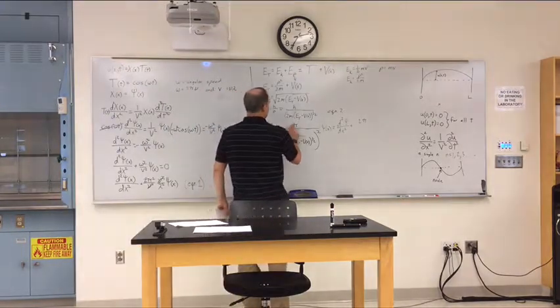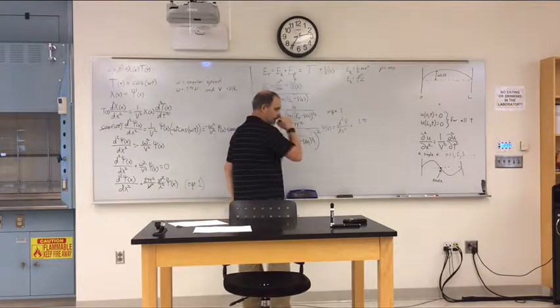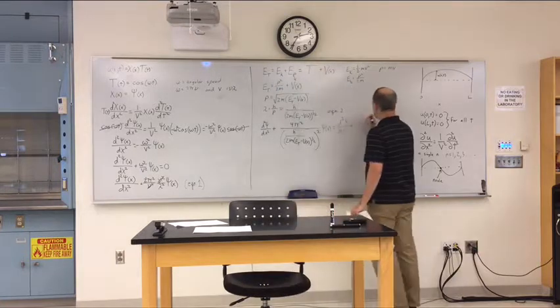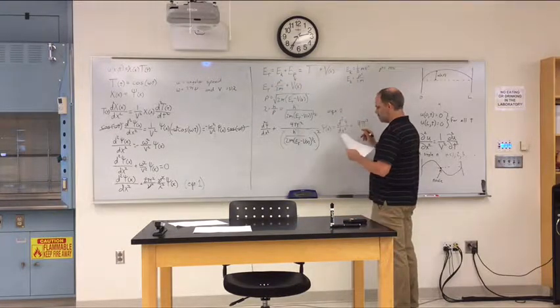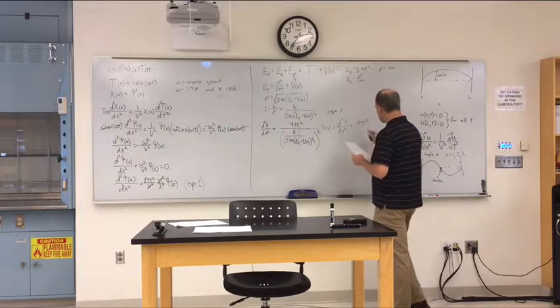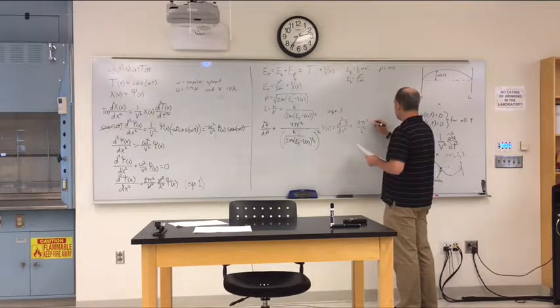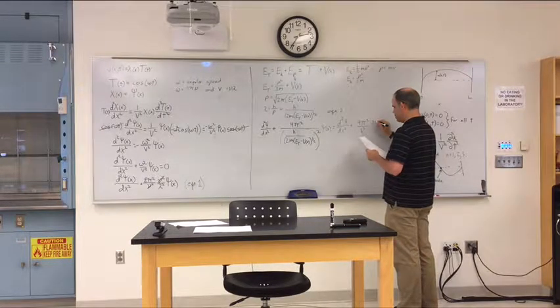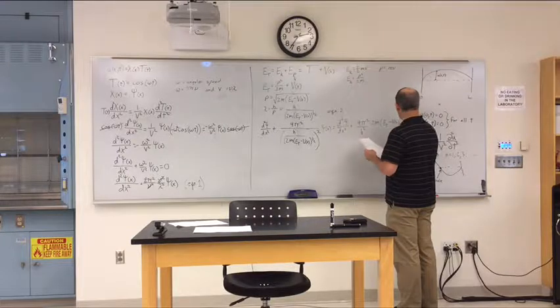So this here would be 4 pi squared. There we go. That looks better. Over h squared times 2m(E total minus V of x) psi of x.